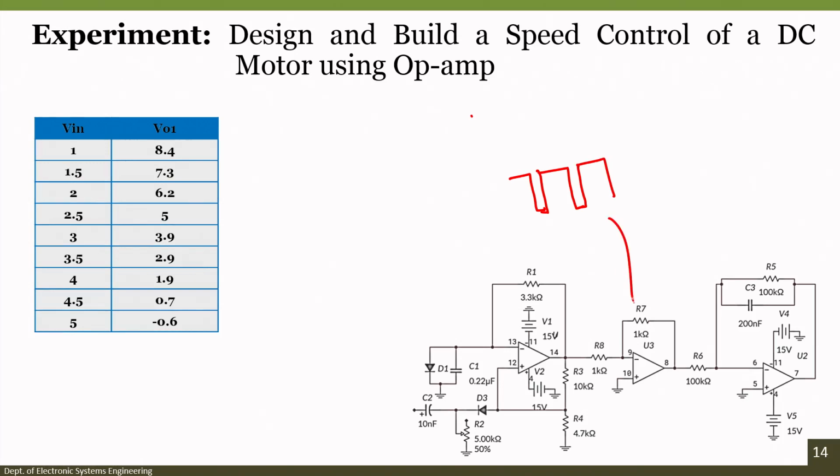When I pass it through this, I will get a signal. This will be minus 15, this will be plus 15, and this is minus 15. So I will be integrating this.